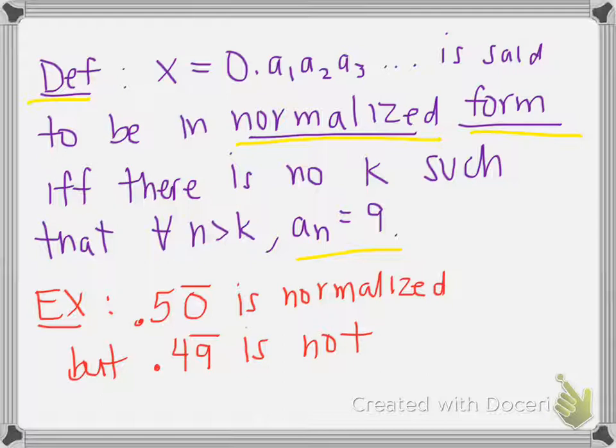So basically, because we're talking about infinite, it's not going to be a final number, but you're repeating. There's always going to be an n greater than k, right?